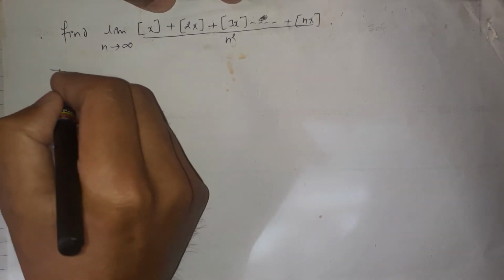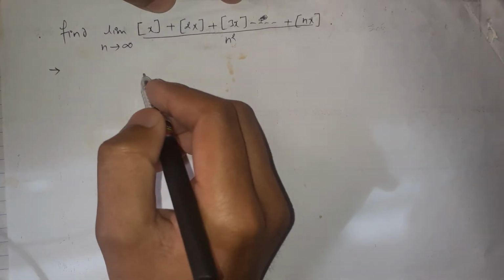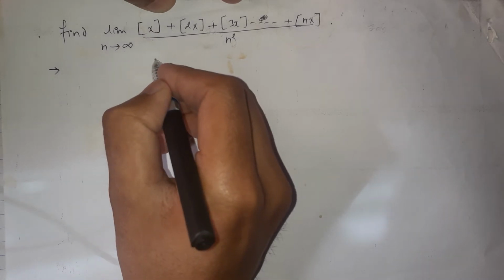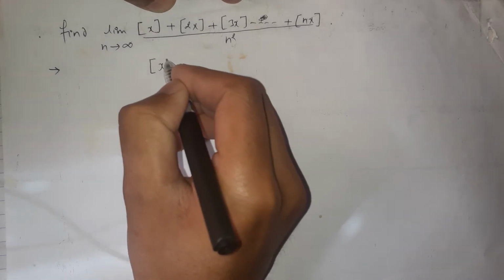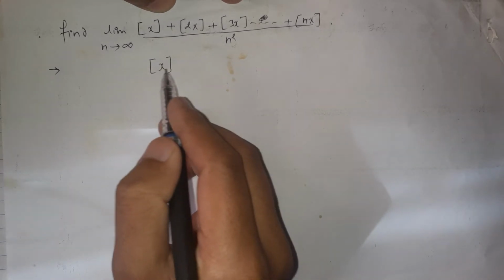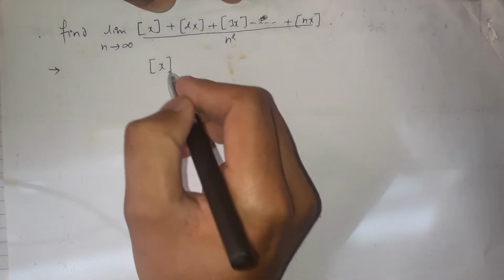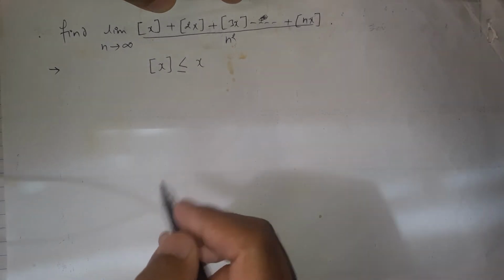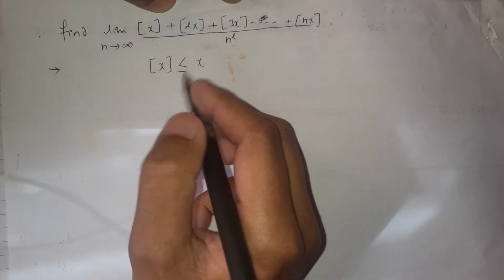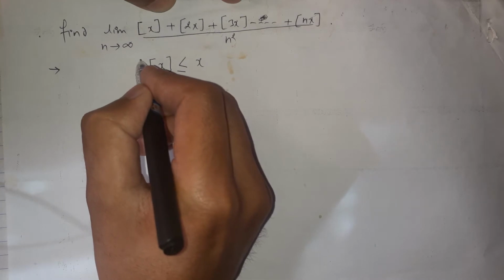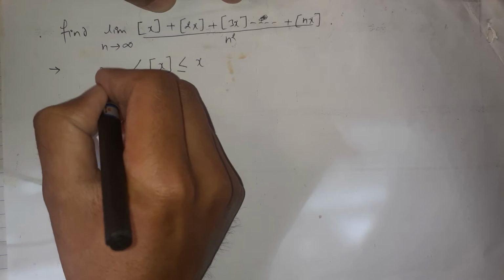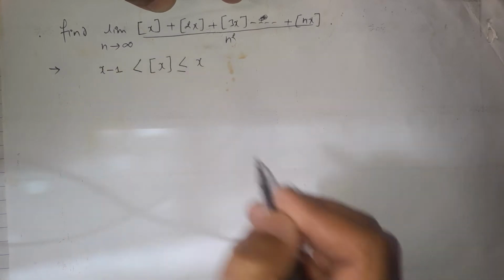First of all, please remember a point. The greatest integer of x is always less than or equal to x, and it is always greater than x minus 1.